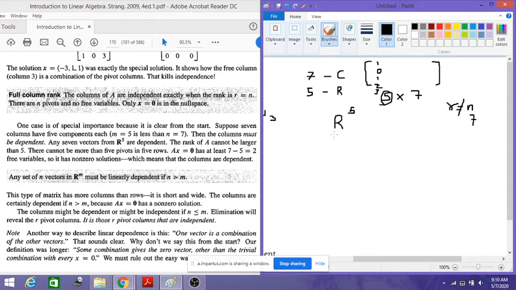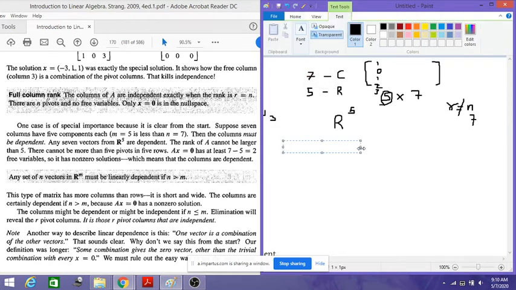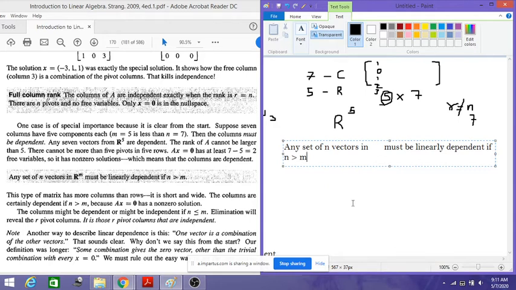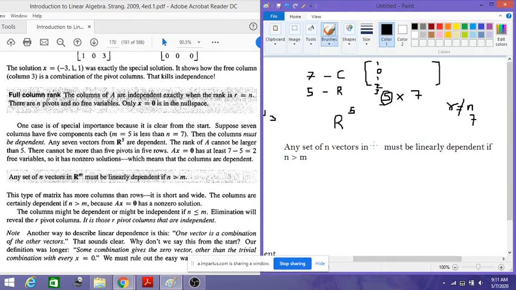So there are certain definitions that we will follow here. For example, any set of n column vectors in R^m must be linearly dependent if n is greater than m.